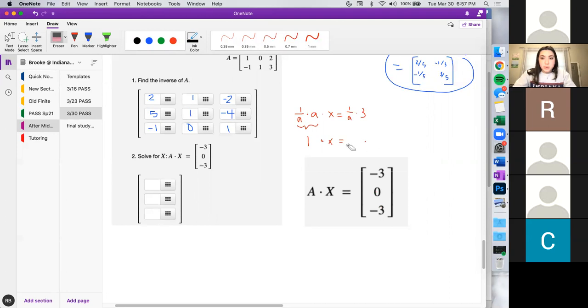All right, so same thing. We multiply by an inverse to isolate the x. And what's really important is to watch the direction where you're doing it. So because a is to the left of x, I'm going to multiply this thing to the left.